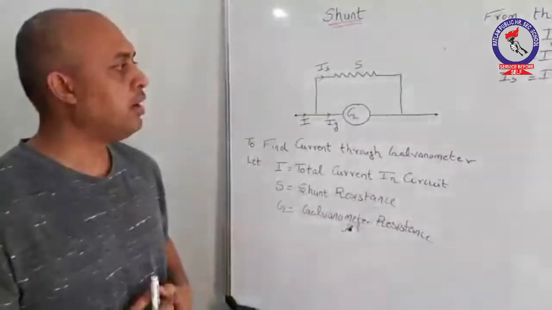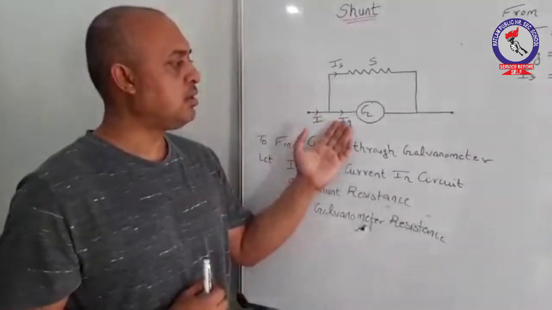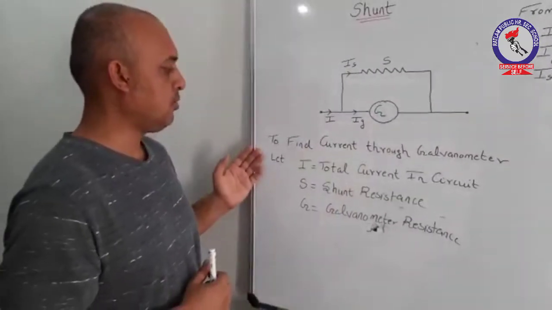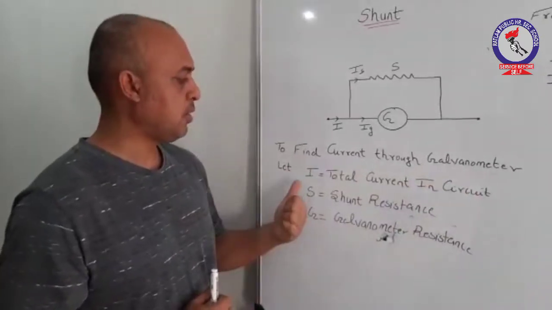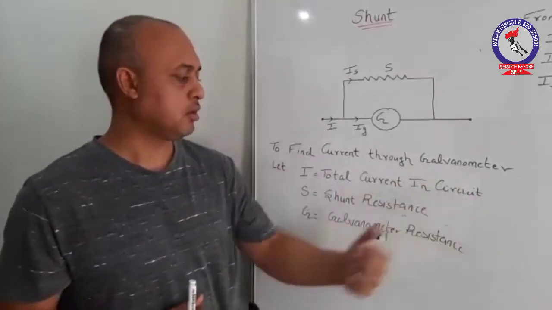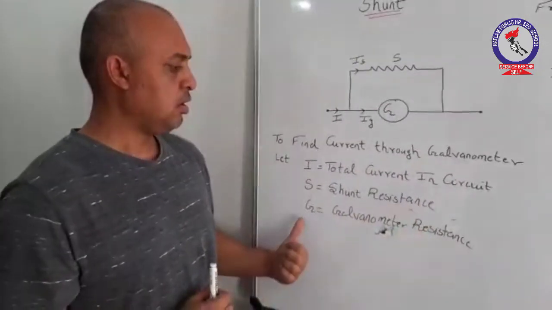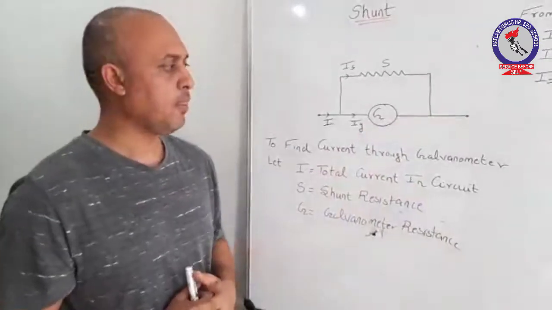In order to calculate from the total current I, the net current Ig passing through the galvanometer, let us assume a few parameters. I is the total current in the circuit, S represents the shunt resistance, G represents the resistance of this galvanometer which is here.